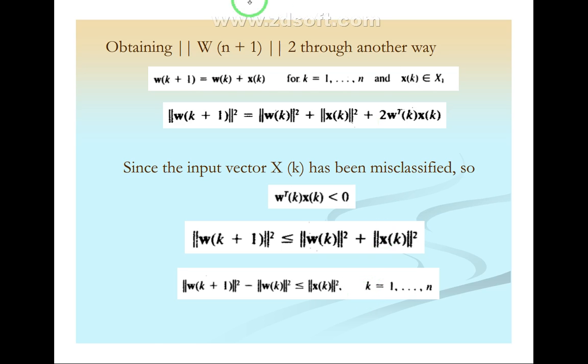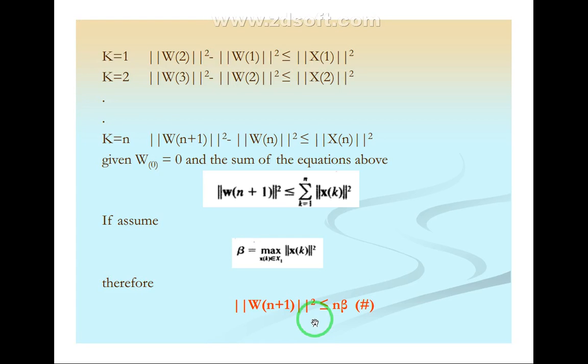We can obtain this amount another way, coming up to the second equation, which is the norm of Wn plus 1 squared, which is less than n beta. Beta is the maximum of this.